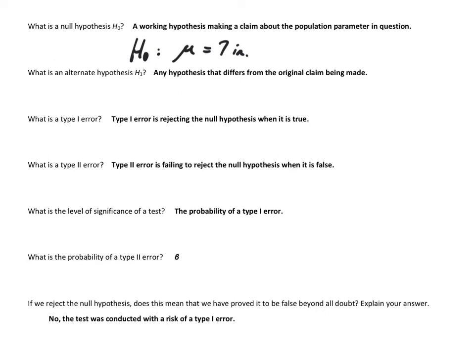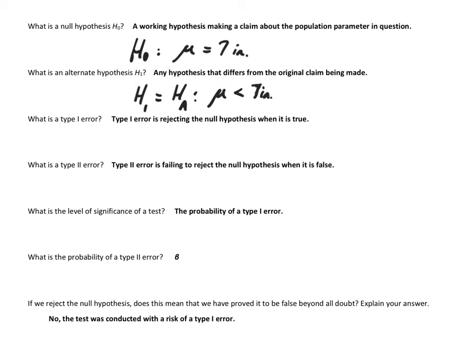Maybe we want to argue that calculators are shorter in length than 7 inches, then you may also, depending on what stats book you use, see H sub A, the alternative hypothesis. If you say shorter, then you would just say mu is less than 7 inches.